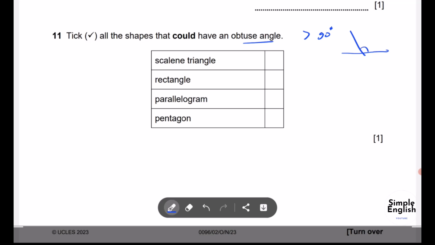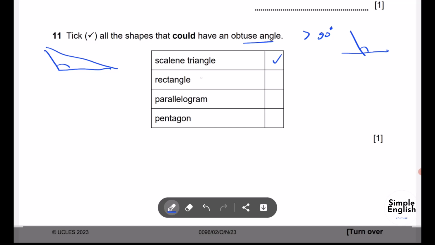A scalene triangle means a triangle that has 3 different angles, right? So that is correct. Like this, you can see. A scalene triangle like this, so that is the obtuse angle.